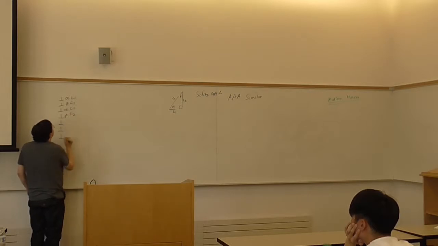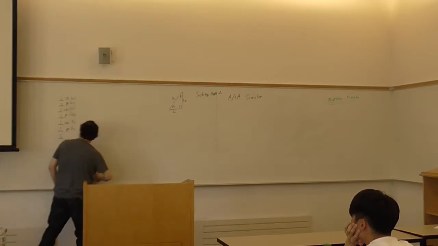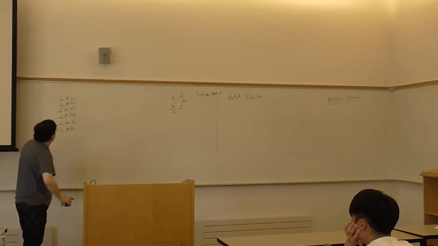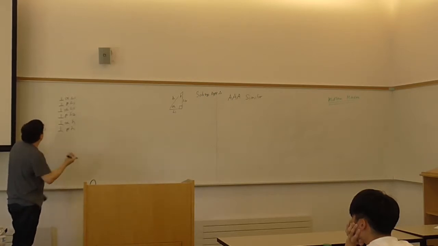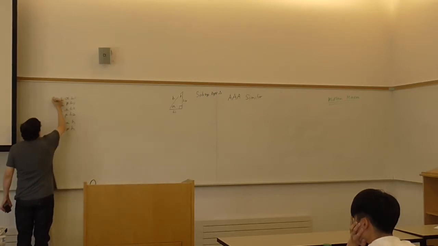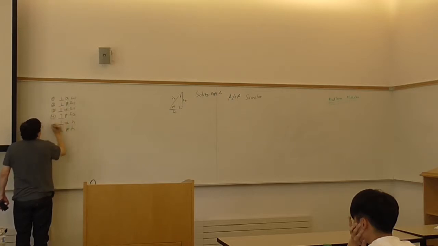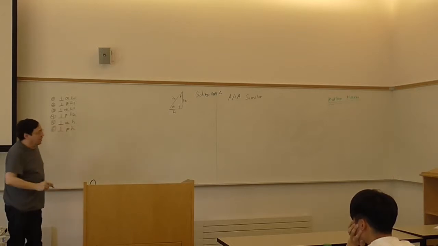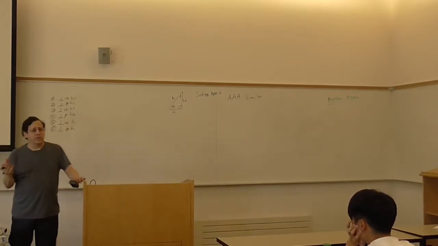Beta and L2. I might know alpha and the hypotenuse. I might know beta and the hypotenuse. Okay. That's 6 cases here: 1, 2, 3, 4, 5, 6. Those are the cases where I know an angle.